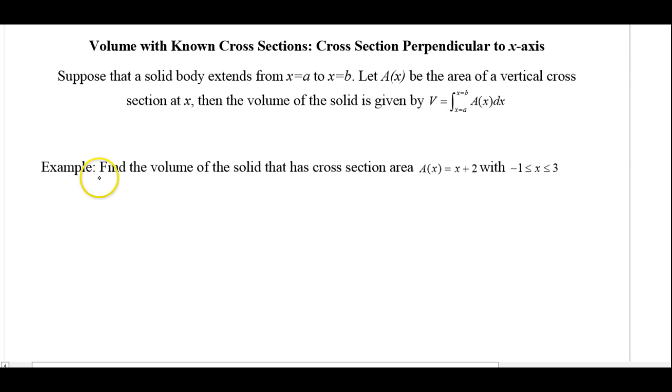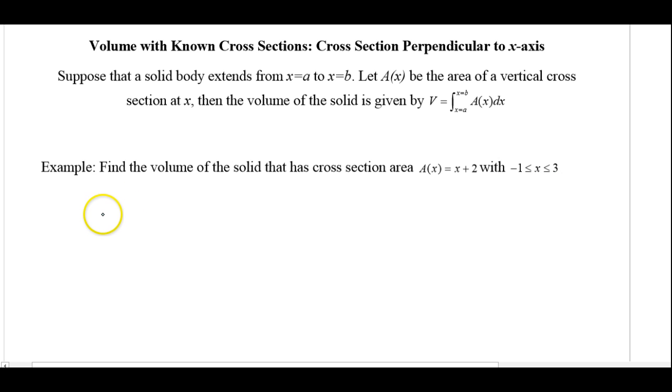So in this first example, we want to find the volume of the solid that has cross-section area A of x equals x plus 2 with x values falling between -1 and 3. Alright, so this would be one of the easiest types of problems to set up because we're told the area formula for each individual cross-section as it extends from -1 all the way to 3.